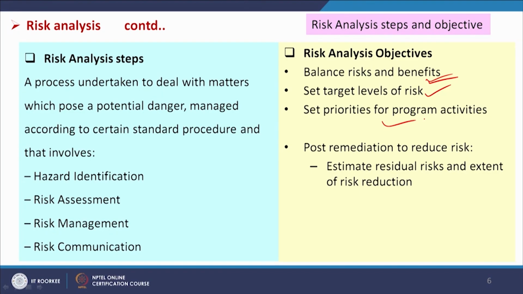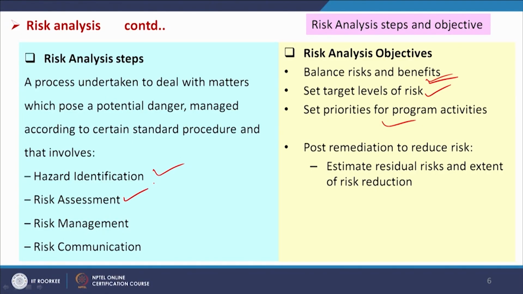If I want to take new initiatives, I have to optimize so that the environmental impact will be under control. That way risk analysis is necessary. And then post-remediation, what remediation measures we can take to reduce or eliminate these risks, that is also an objective of risk analysis.